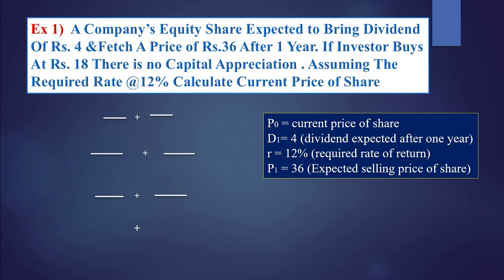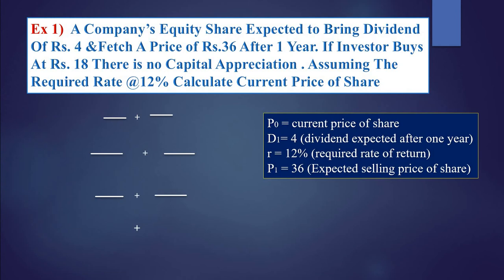So P1 is equal to 36, the expected selling price of the share. Next, R is our required rate of return. In the last line they said, assuming the required rate of return is 12%, calculate the price of the share. So 12% is our R.